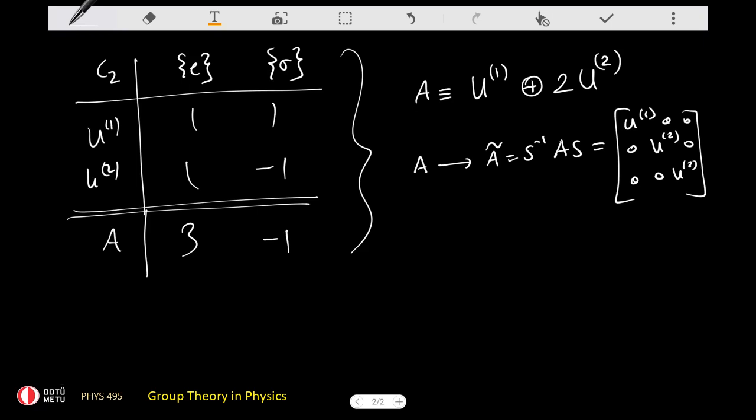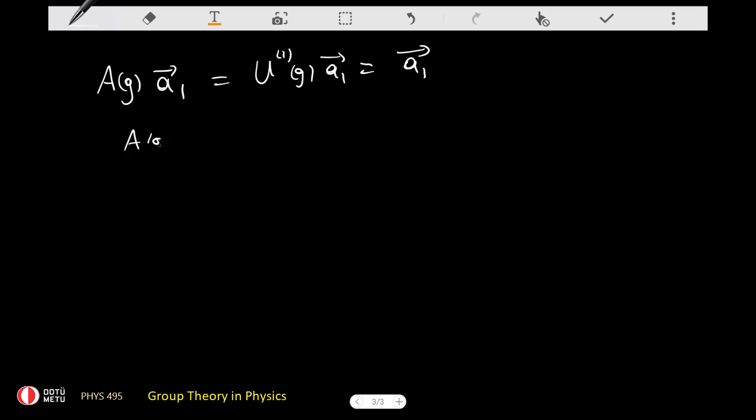First I need to identify this U1 mode, because this is the unique one. This is the mode where there is a vector in there. Let me call this A1, where A of G applied on A1 is the same thing as U1 of G applied on A1. But U1 is the trivial representation, so therefore this is a vector that remains invariant under the action of the symmetry transformation.